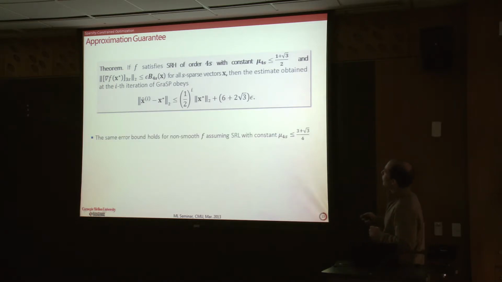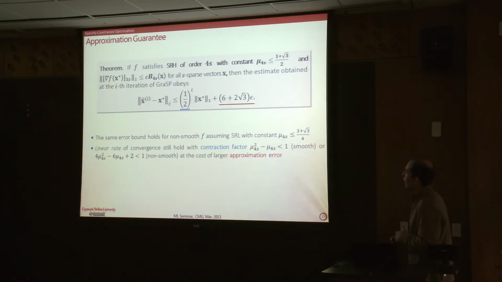We can also get the same result for non-smooth functions if we assume that they satisfy the stable restricted linearization with constant less than this fraction. This is slightly more stringent compared to the one that we get from SRH for smooth functions. And as I said, we get a linear rate of convergence up to an approximation error.